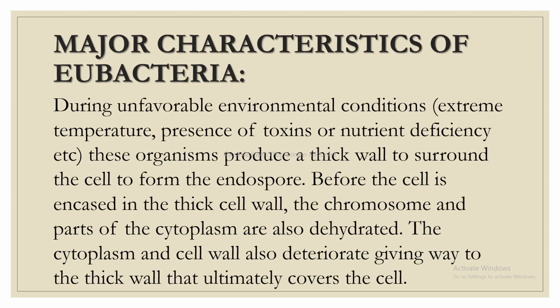Before the cell is encased in the thick cell wall, the chromosome and parts of the cytoplasm are dehydrated. The cytoplasm and cell wall also deteriorate, giving way to the thick wall that ultimately covers the cell.